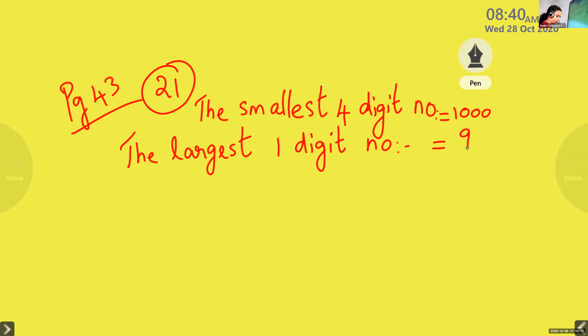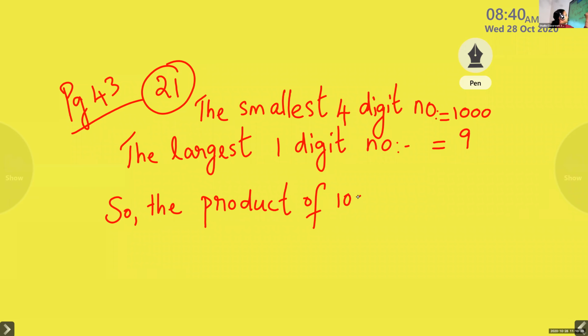Now we have to write the product of 1000 and 9. Children, you know that is 9,000.